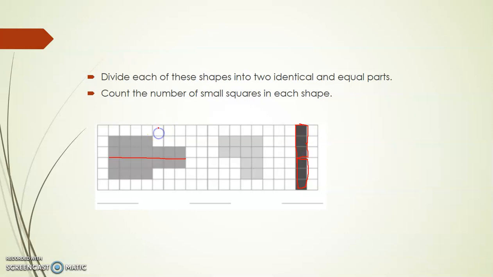The number of small squares is 11. Divided into 2 equal parts, each shape has 11 small squares, together 22. Similarly here one part will have 6 squares, together 12. Now here a part will have 3, and the total is 6.